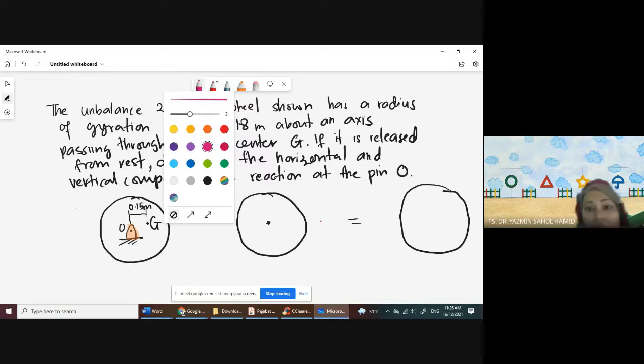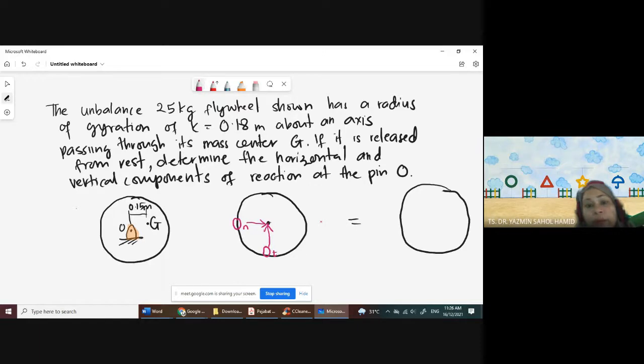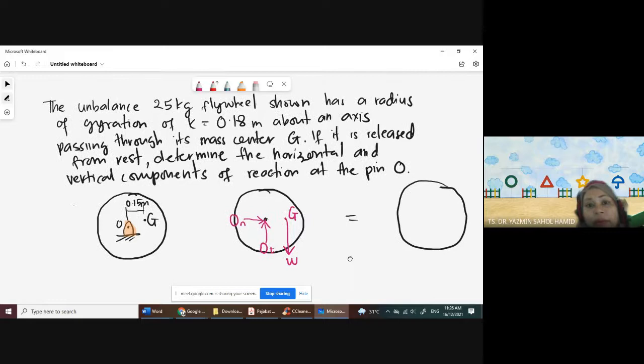So let's say you have the reaction. Because it is point O, we can name it OT and ON, the reactions. And then because there is G here, there will be the weight, W.